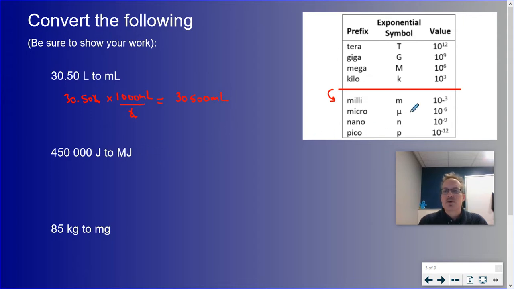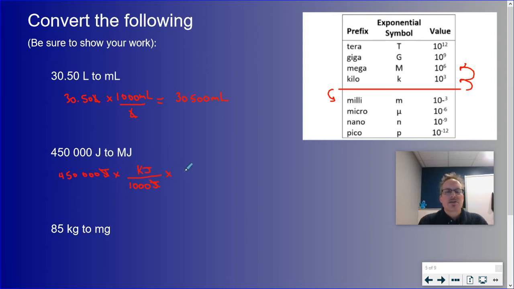I'm going to go from joules, which is the normal unit, to kilojoules, and then from kilojoules to megajoules. So start by writing out 450,000 joules. Now I know there's 1,000 joules in a kilojoule, so I'm going to put the 1,000 on the bottom so that my joules will cancel out. Joules on top, joules on bottom.